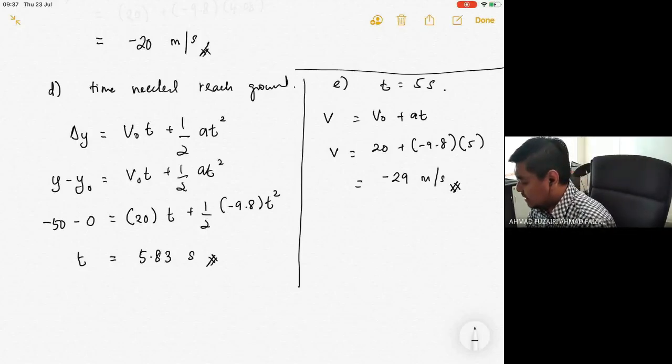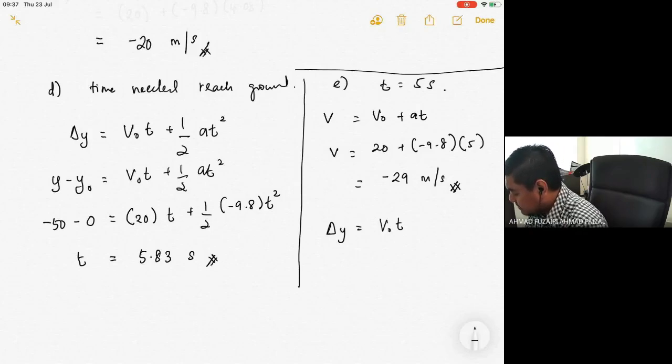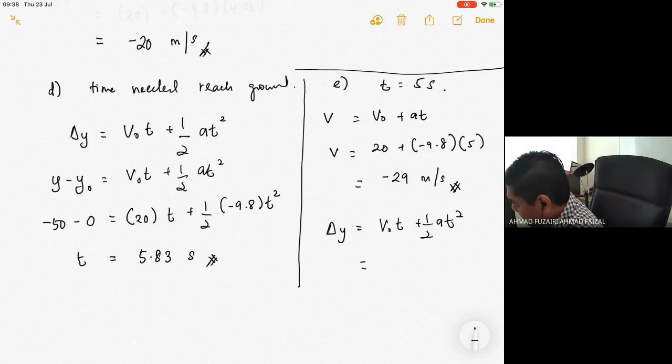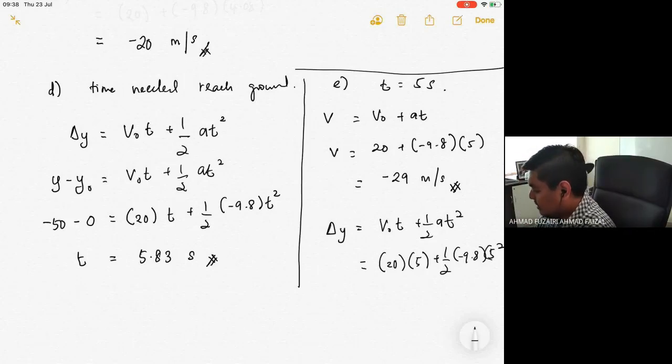Okay, and then kita cari what is final position. Okay, position at time t equals to 5. So masukkanlah, you have delta y equals to v naught t plus half a t square. Apa yang buat? 25 plus half negative 9.8 5 square. Okay, 5 square.